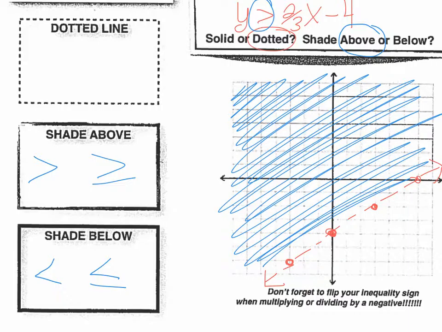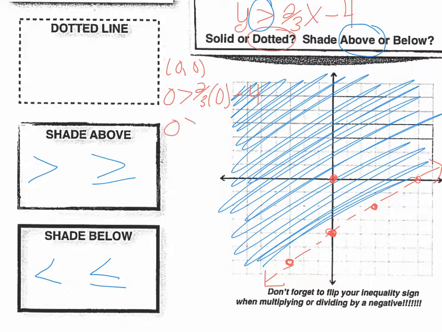If you're ever not quite sure which is above or below, you can pick what we call a test point, and usually 0, 0 is a great test point. You can substitute that into your inequality and see if it's true. So for example here, if I substitute in 0, 0, we're going to have 0 is greater than 2/3 times 0 minus 4.